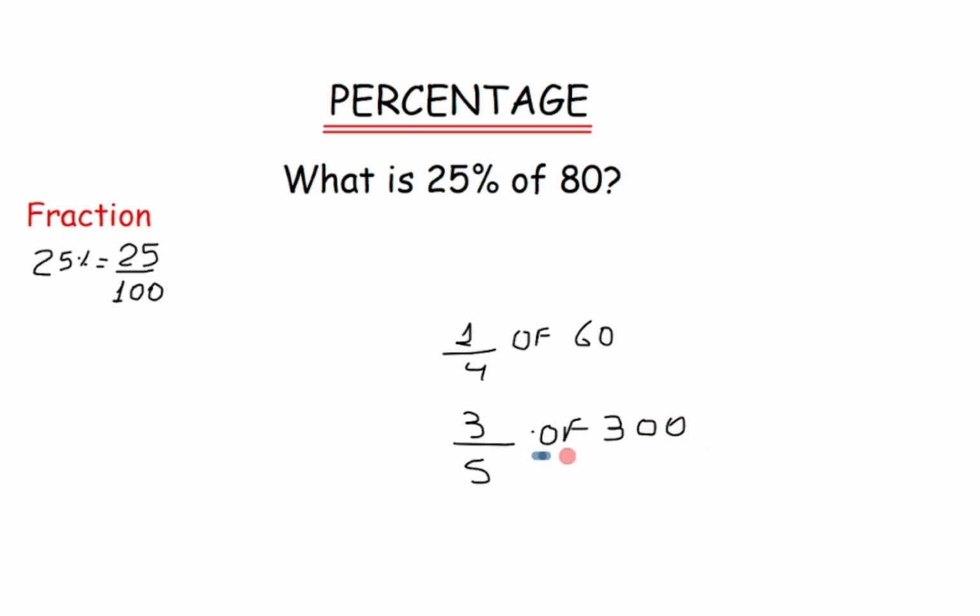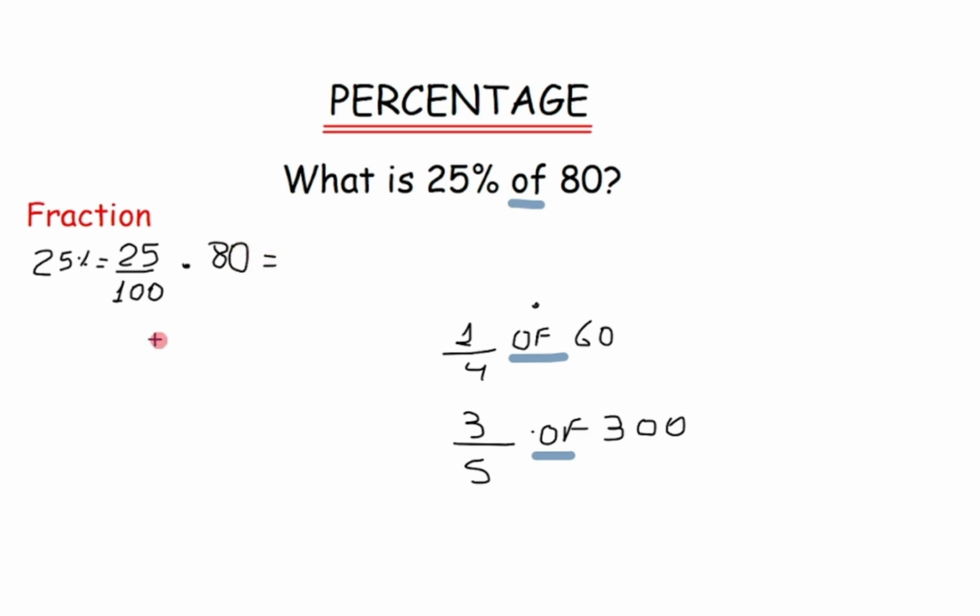This particular one that you've got right here is the same as this one, always. But it always transforms into a multiplication. So, if we want to calculate 25%, which we write as 25 over 100, we then apply a multiplication by 80.